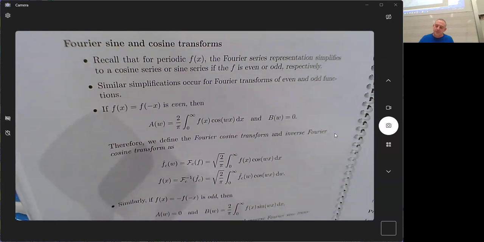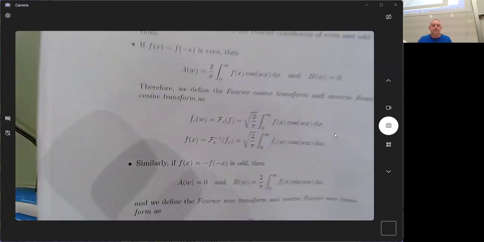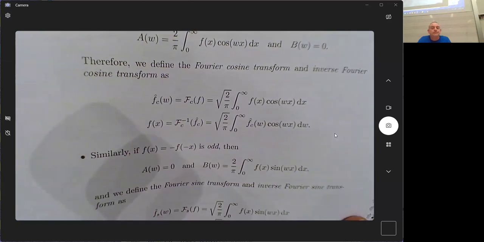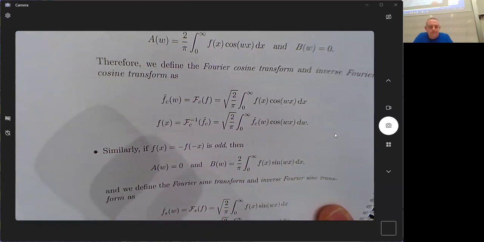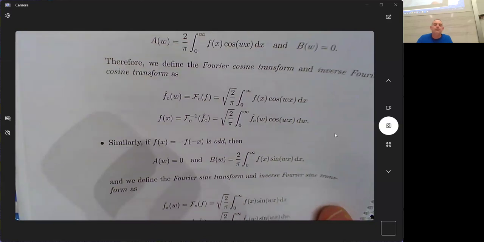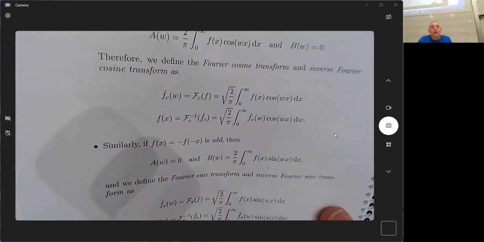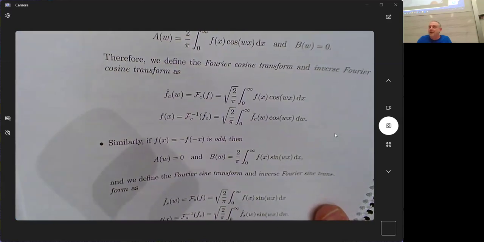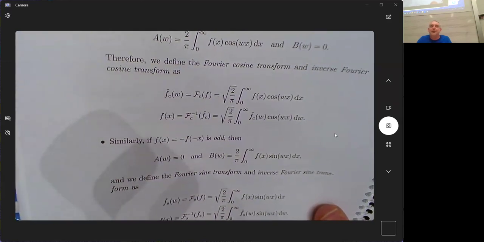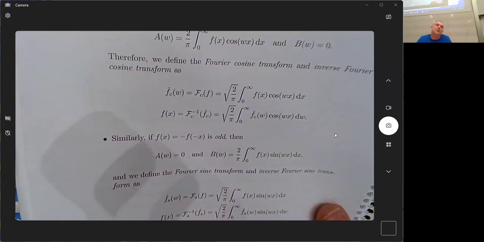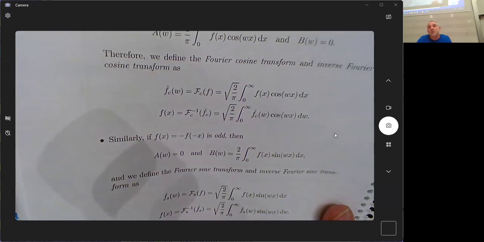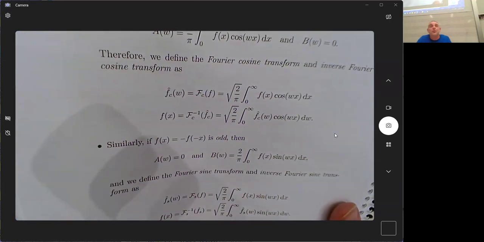Those ones, even Fourier transform, either odd or even sum. Or you can have a function that starts at 0 and you pretend it's odd, because you don't care what happens before 0 anyway, so it might as well be odd. You have a function that only starts at 0 and you just pretend it's even, depending on which one you want.